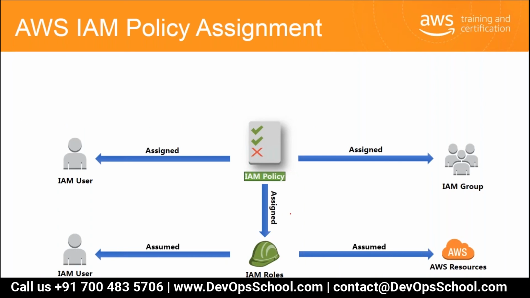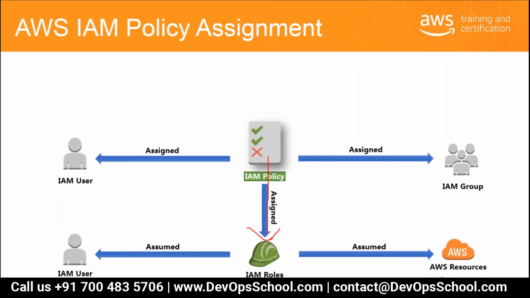Alright. If you have an EC2 instance which has to talk to an S3 bucket, for example, and you have already defined a policy and that policy is assigned to that role, which allows that S3 bucket to be accessed, the AWS resource or EC2 can simply assume that role.